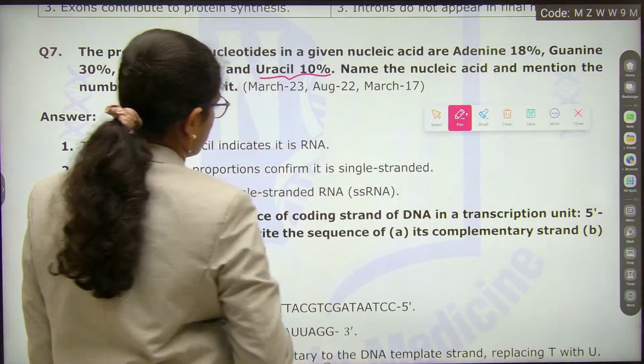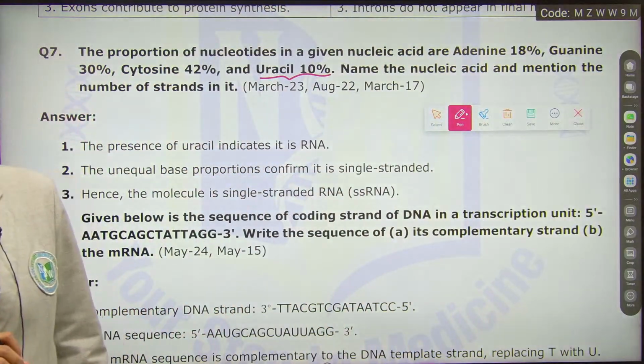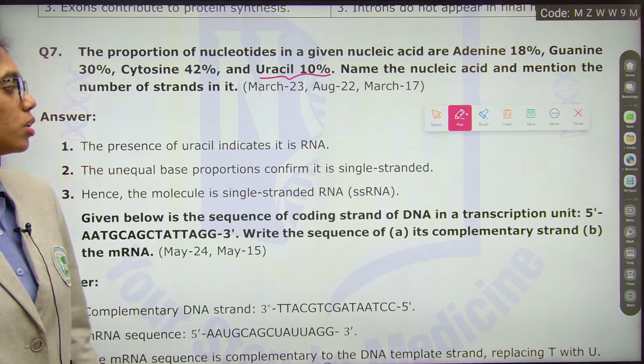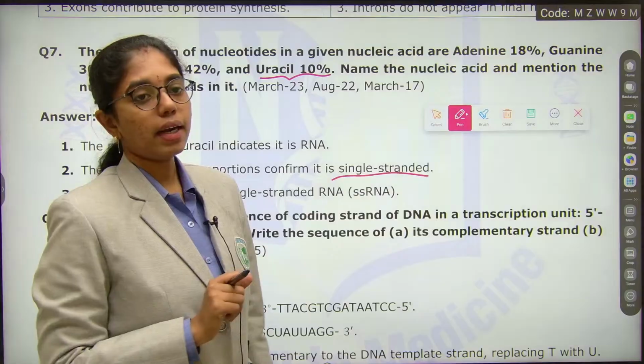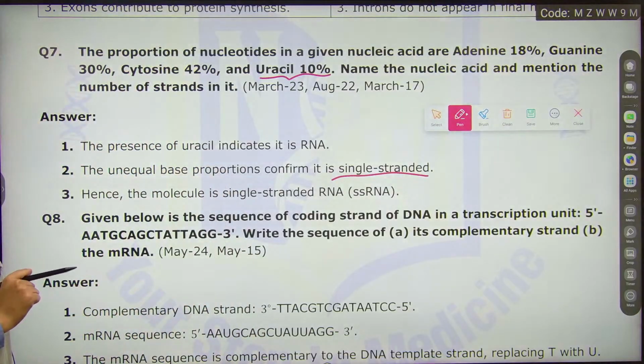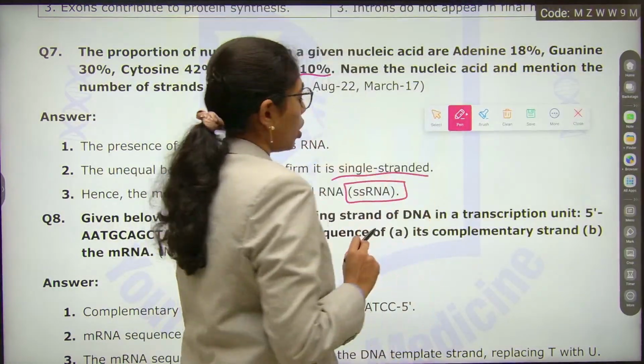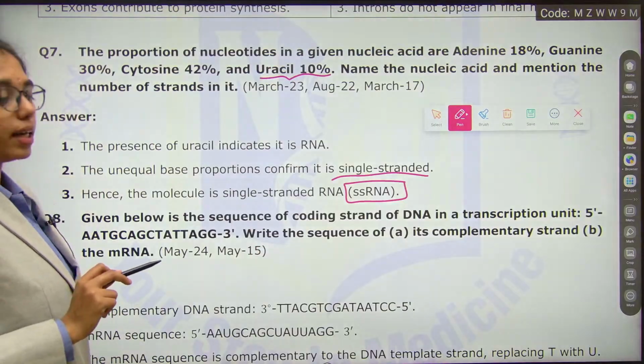Unequal base ratios confirm that it is single stranded. If it were double stranded, equal pairing would happen. So it is a single stranded RNA because it has unequal pairing.